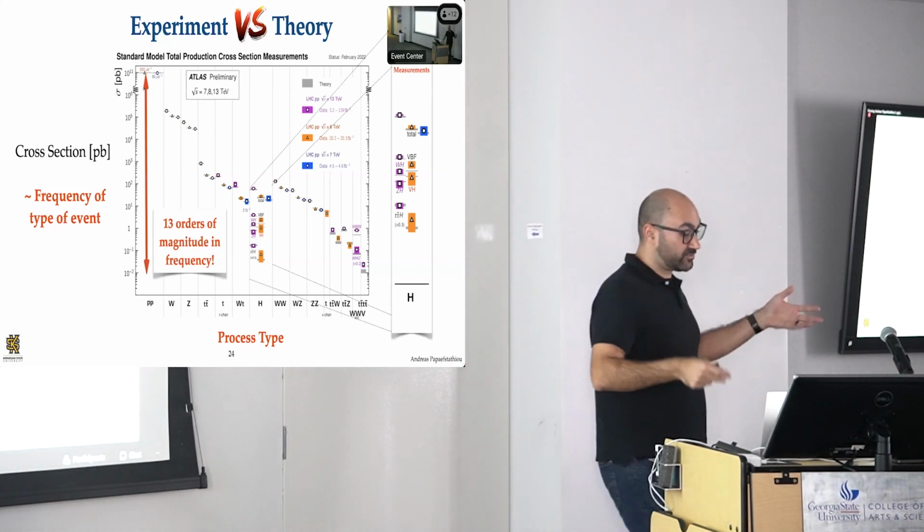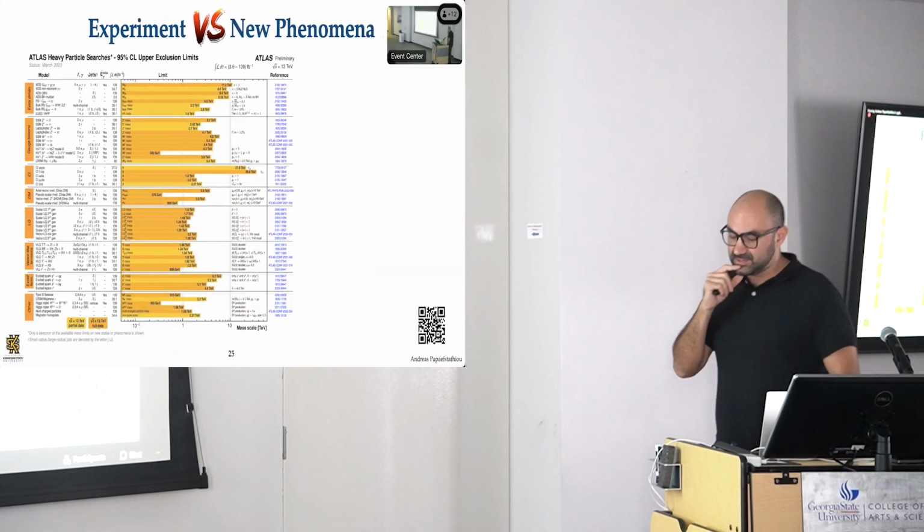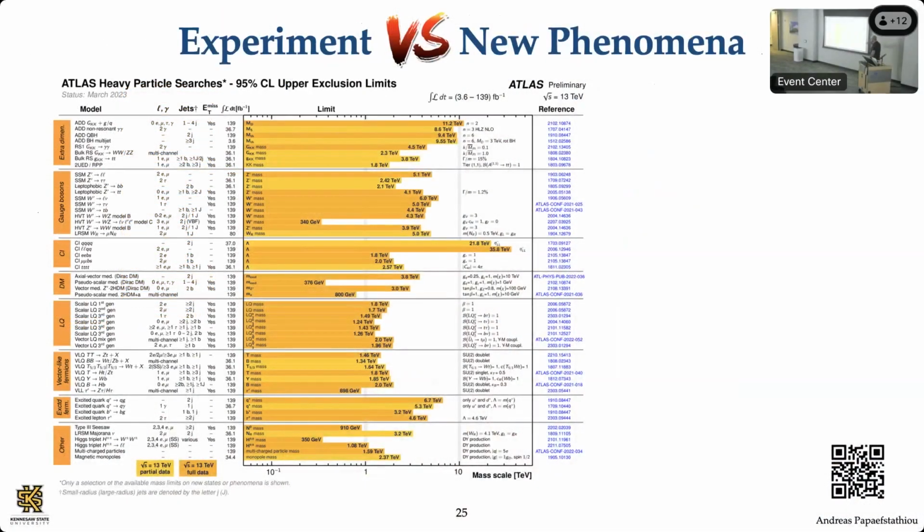What about searches for new phenomena? Again, the details are not important, but these bars tell us what the minimum mass of a hypothetical particle can be.